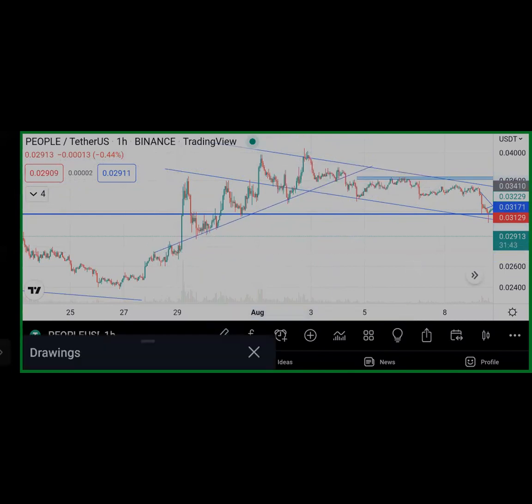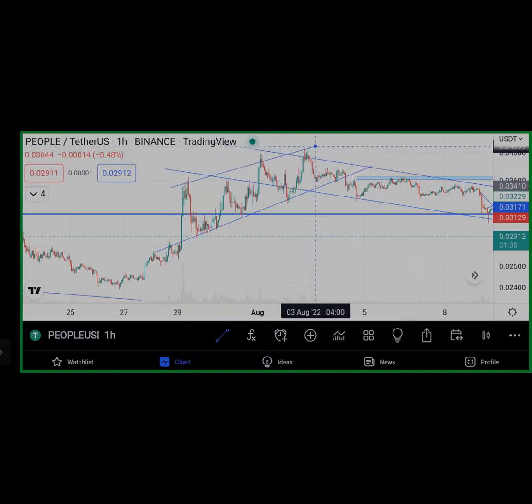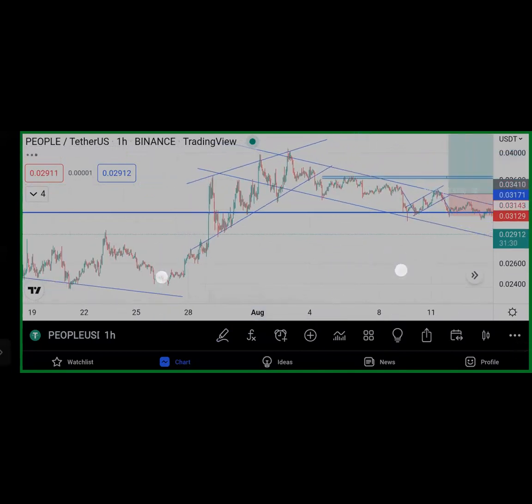Yeah, this is a typical example of a rising wedge.